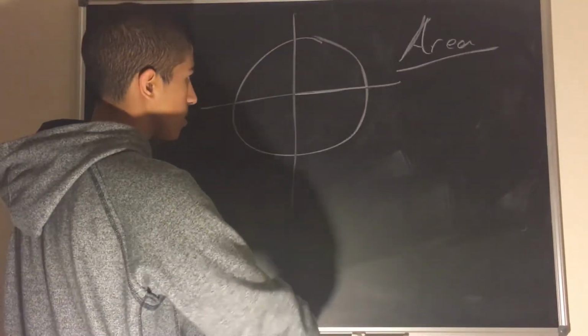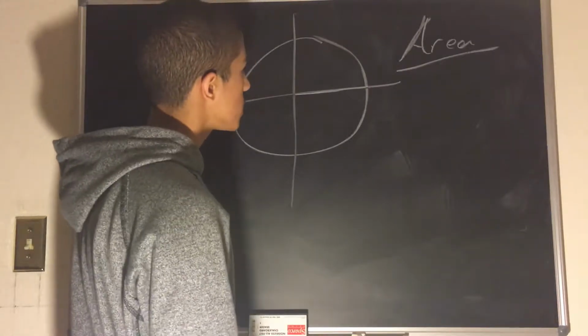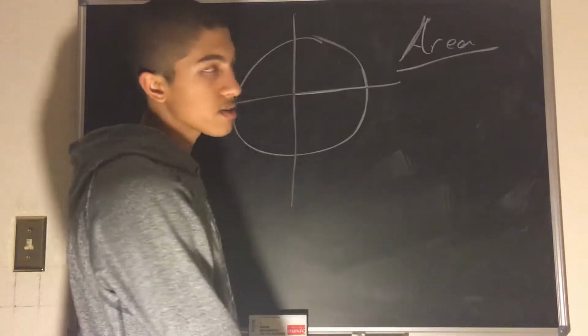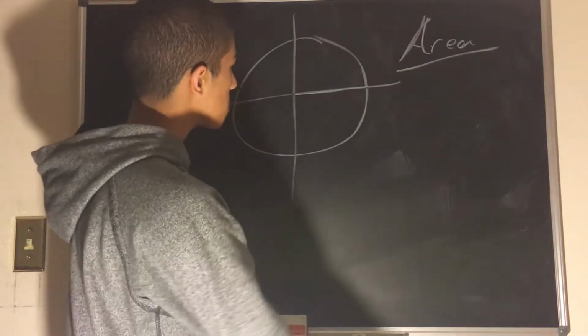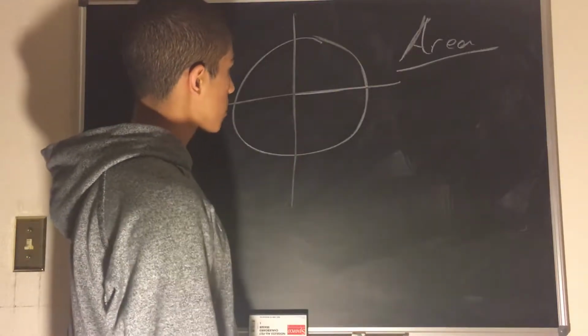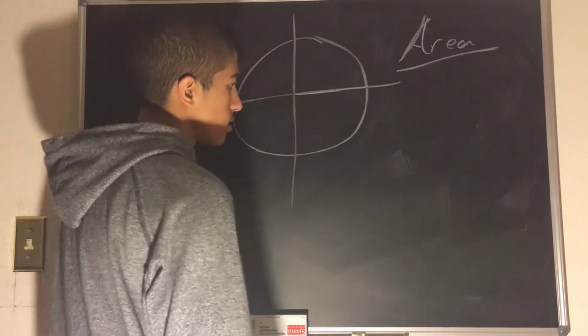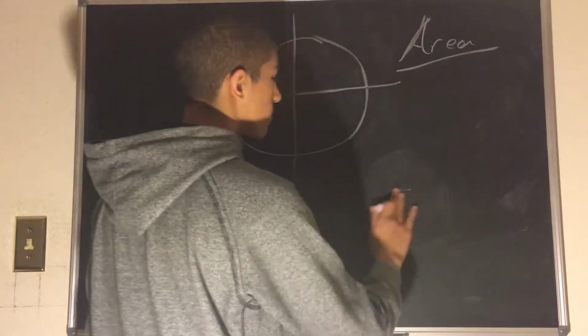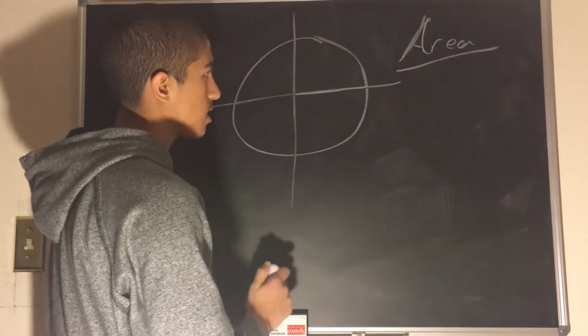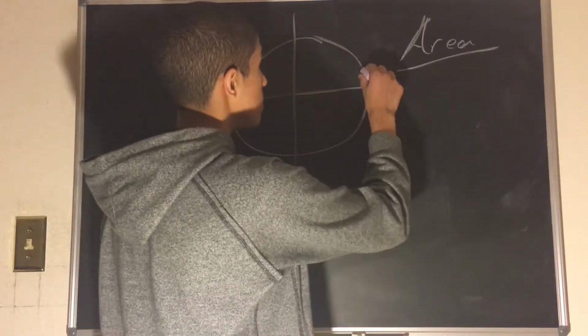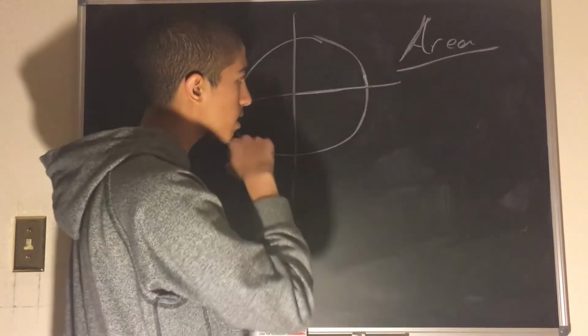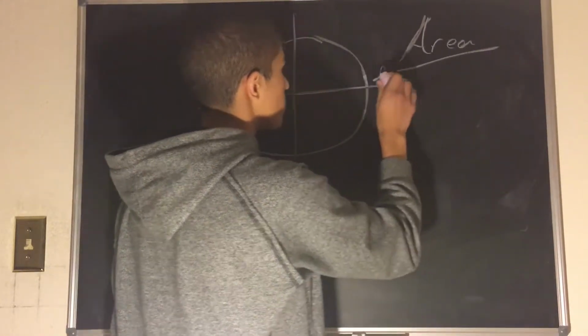Now, what we will do in this video is we will define a sector element, and then we will doubly integrate over that sector element to calculate our area. So just as we defined the arc element in the last video, we had the infinitesimally small arc ds.